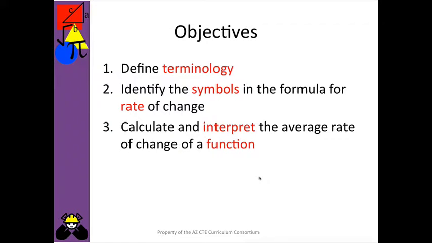On your note taker, fill in the missing words. 1, define terminology today. 2, identify the symbols and the formula used for rate of change. And 3, calculate and interpret the average rate of change of a function. And even though it sounds a little scary, it's really not too bad. It's a lot like slope, and that's why we tested you at the beginning.